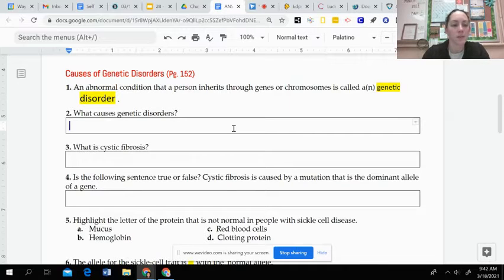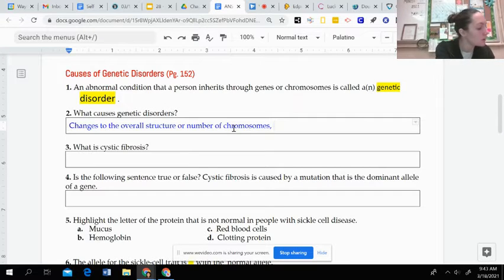Then what causes genetic disorders? They are caused by changes to the overall structure or number of chromosomes, and then also mutations in the DNA of genes.